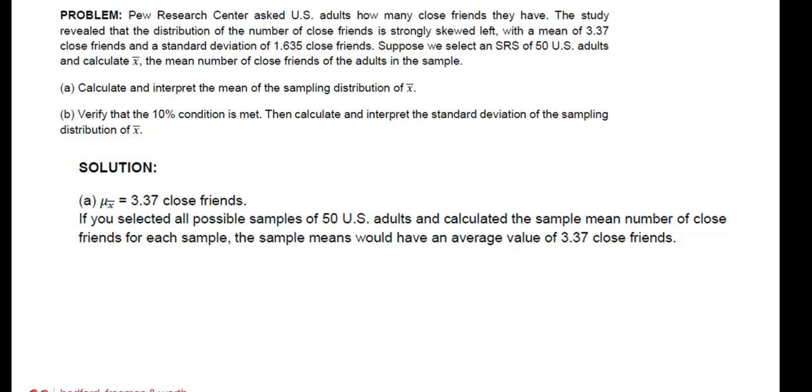Sample means would have an average value of 3.37 close friends. Verify the 10% condition is met. Okay, so 50 is less than 10% of all U.S. adults, that's for sure.